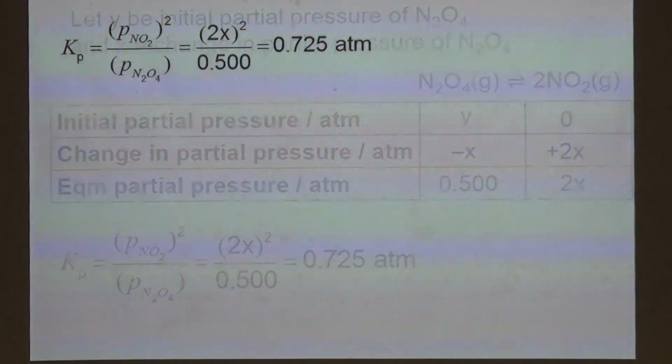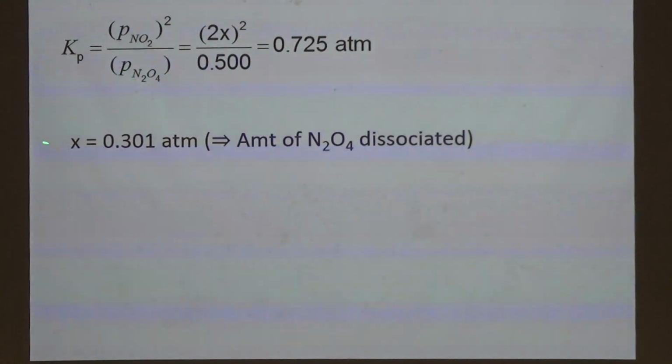So I can solve for X. X is equal to 0.301 atm. This is the partial pressure of N2O4 that reacted, that dissociated. I'm going to use this value subsequently to find out the degree of dissociation.